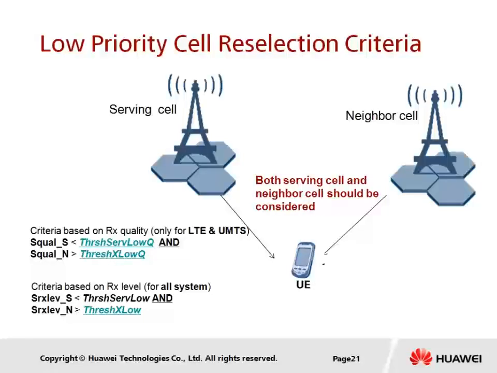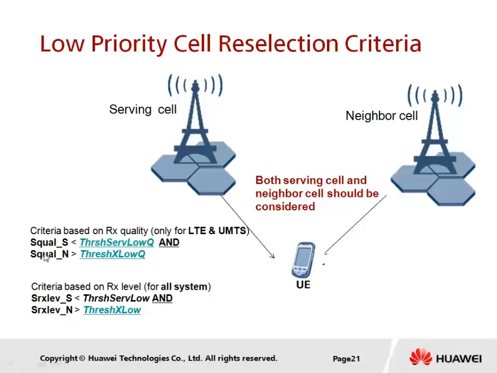In contrast, if the neighbor cell has low priority, then the user will only reselect to the low priority neighbor cell when the serving cell is lower than the threshold. That means the measured RSRQ of the serving cell minus the minimum requirement is lower than the threshold.